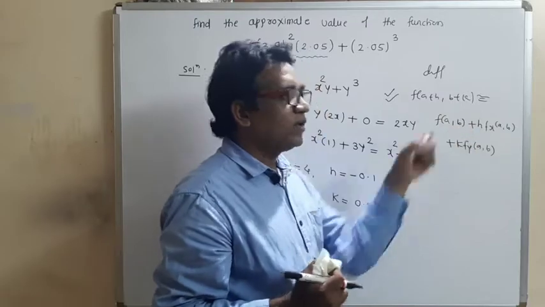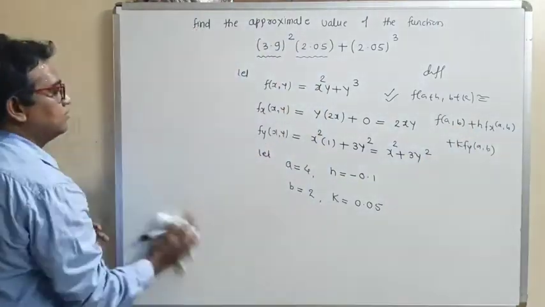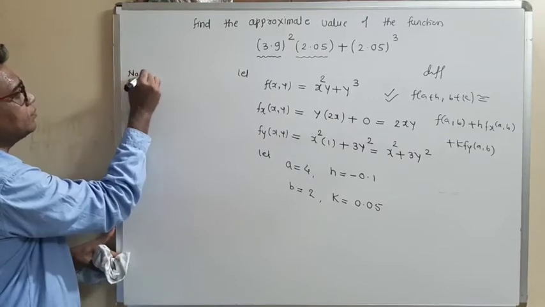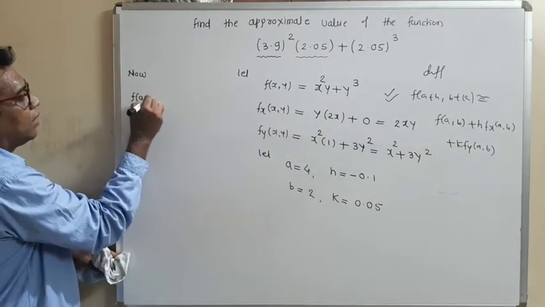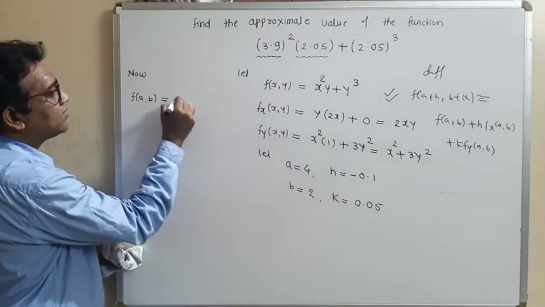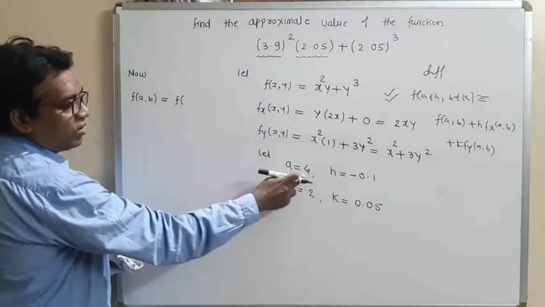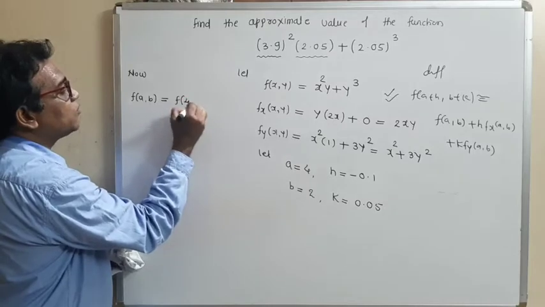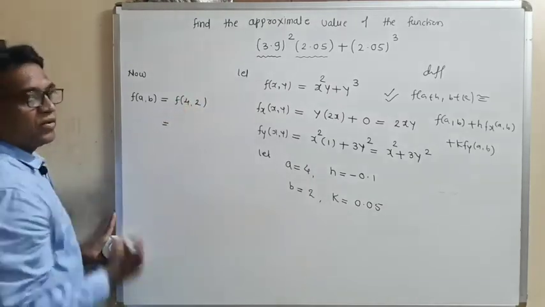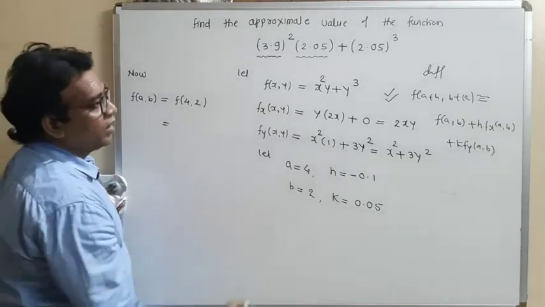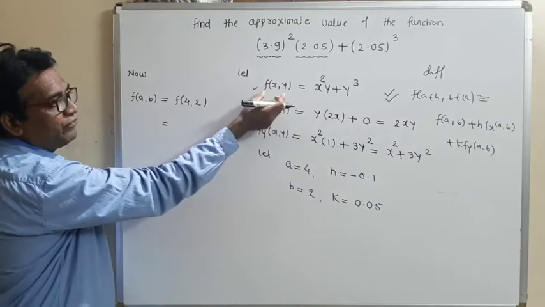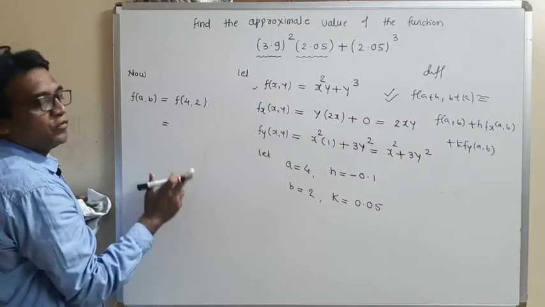So first of all, find out this f of ab. So write down now. F of ab is equal to f of, now what is our a? A is 4, and what is our b? This is 2. So find out f of 4, 2. So use this function f, from which we can find out f of 4, 2.